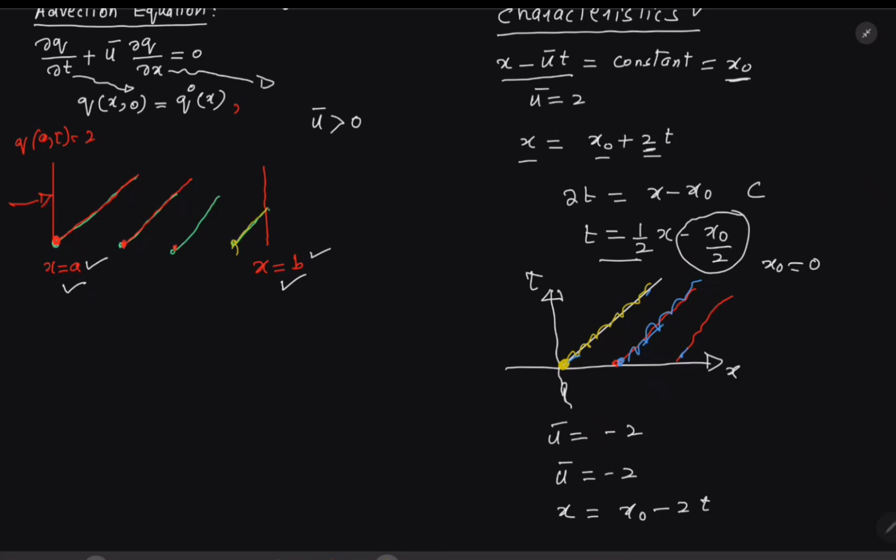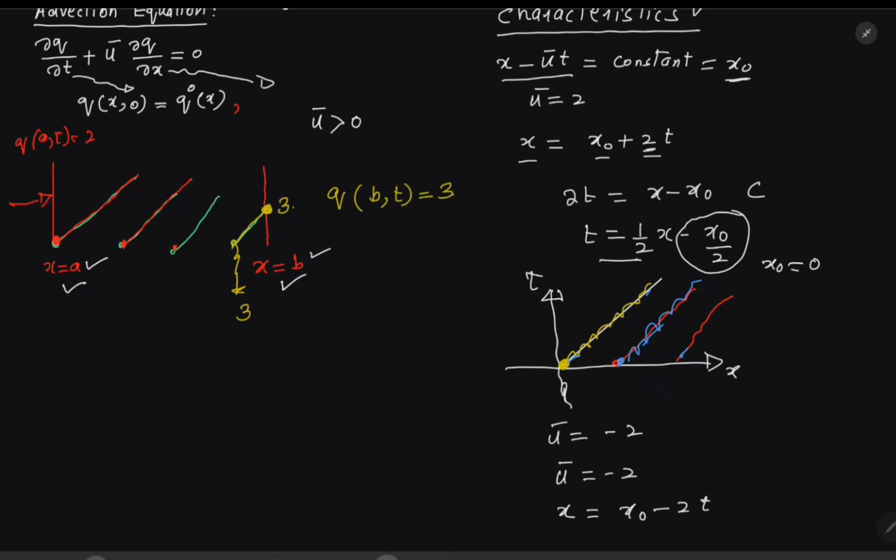The reason is this point: for example, if it is 3, then this 3 has the same value on the characteristic, which is 3. So Q at b, t will be equal to 3.